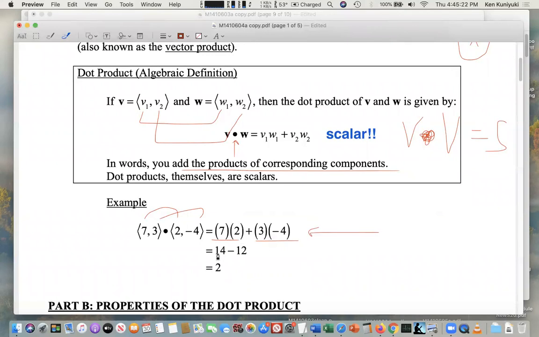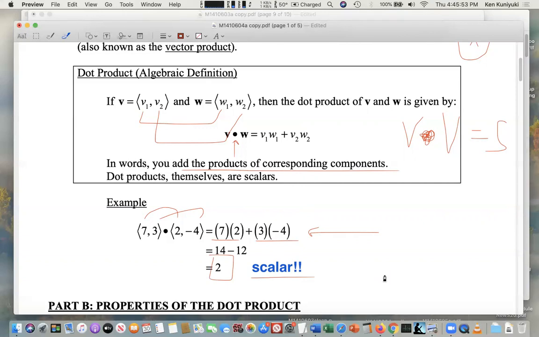If you're like me and you're worried about miswriting things, you might want to do products in your head. In any case, 7 times 2 is 14. All right. 3 times negative 4 is negative 12. 14 plus negative 12, that's 14 minus 12. The dot product is the scalar 2. That's a scalar, not a vector.